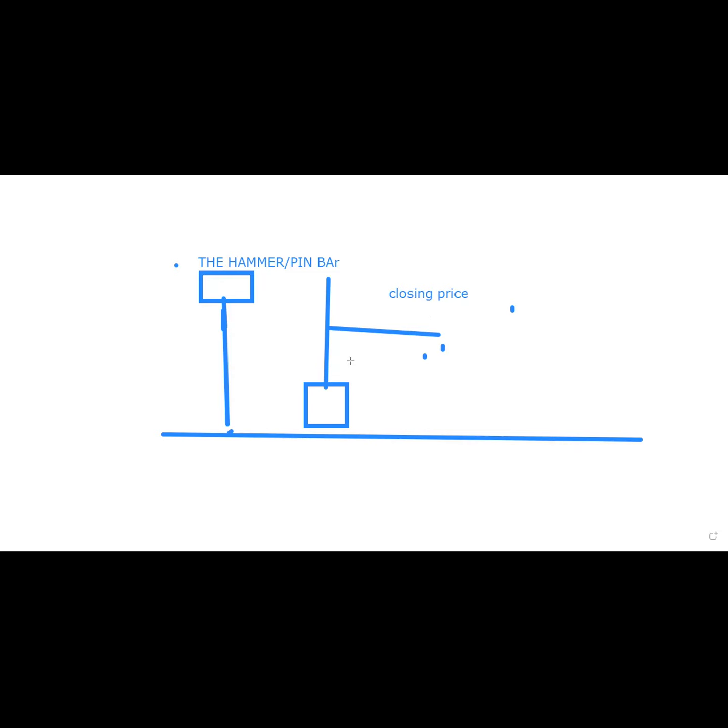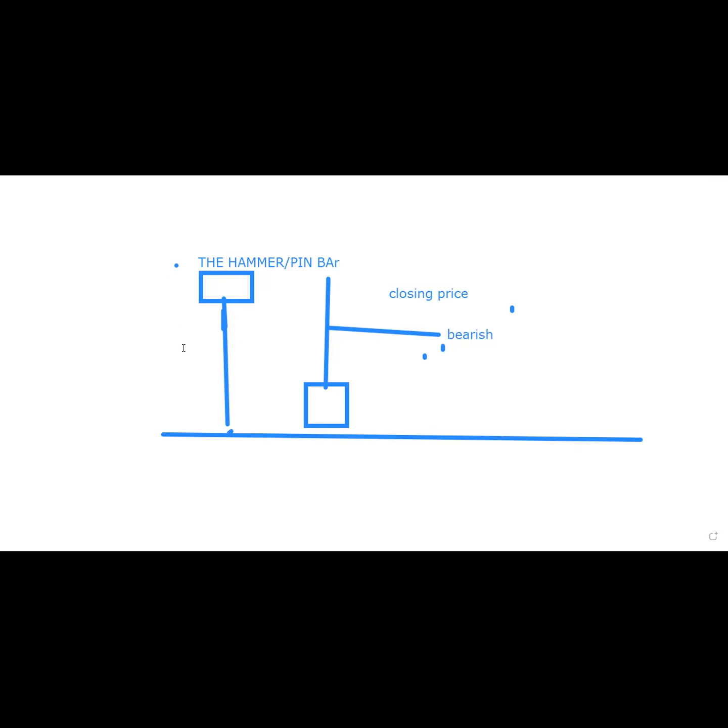So if I'm pointing to the one with a long upper wick, it's bearish. Oh, maybe it was a mistake. At first, I actually said it was bullish when you first drew it. Now I have it in my head, this one is bearish.